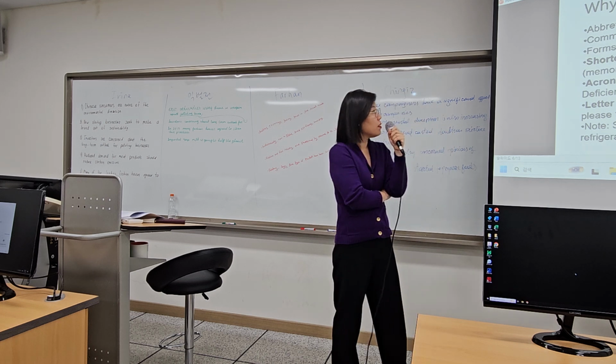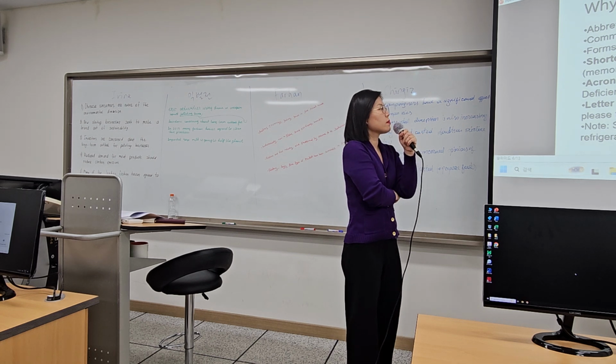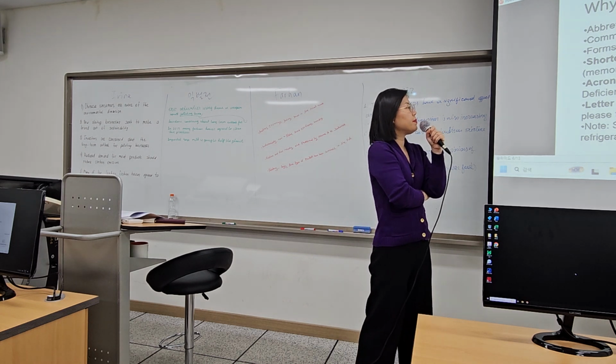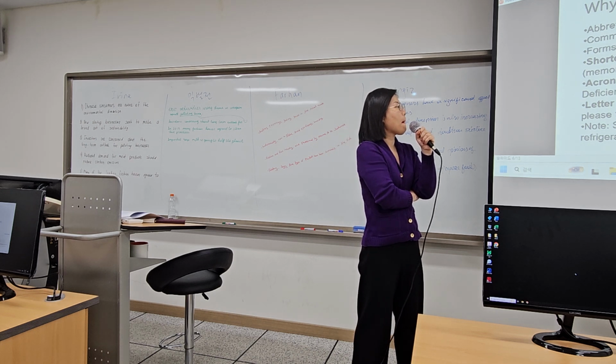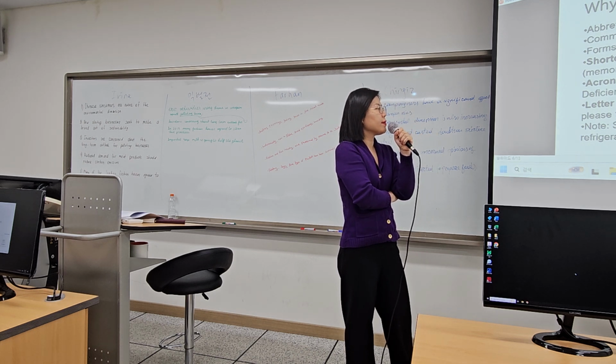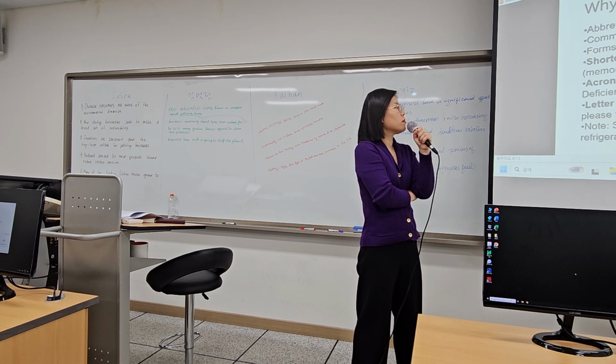Back to abbreviations. Abbreviations save time and space in writing and note making. Common in both general English and academic English. Forms of abbreviations: shortened words like boss, lab, memo.